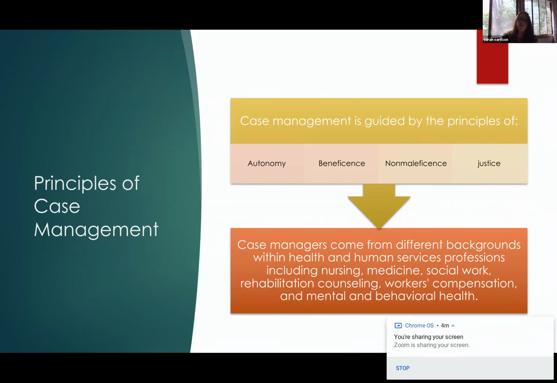So some of the fundamental principles of case management are autonomy. This is the empowerment and the understanding of independence that a person has. To be autonomous means to be empowered, to have power to make the changes that we want to make.